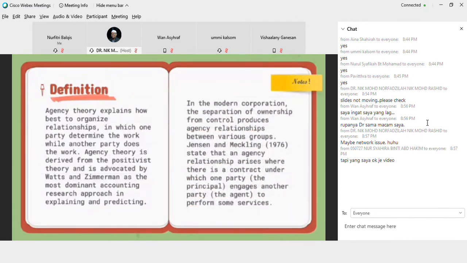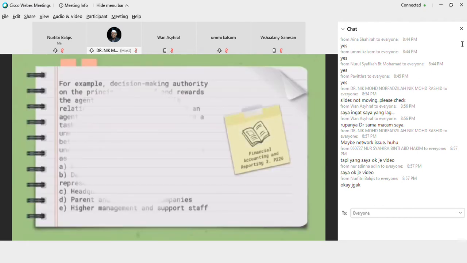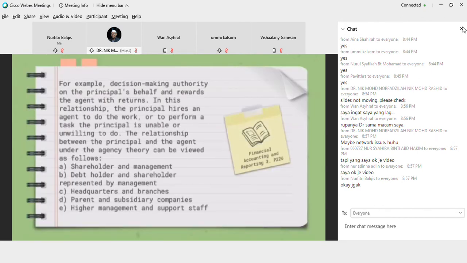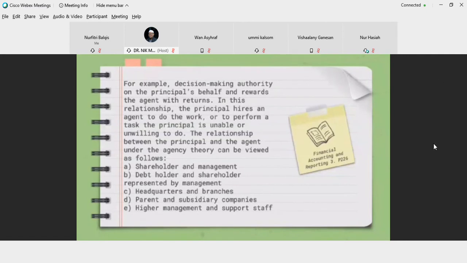In the modern corporation, the separation of ownership from control produces agency relationships between various groups. Jensen and Meckling, 1976, state that an agency relationship arises where there is a contract under which one party, the principal, engages another party, the agent, to perform some services, for example, decision-making authority on the principal's behalf, and rewards the agent with returns.